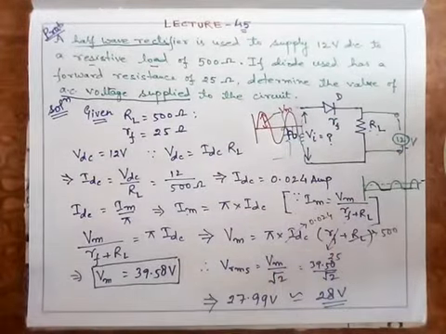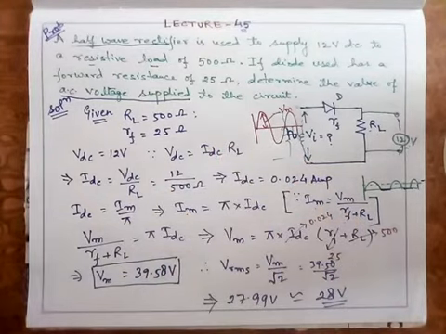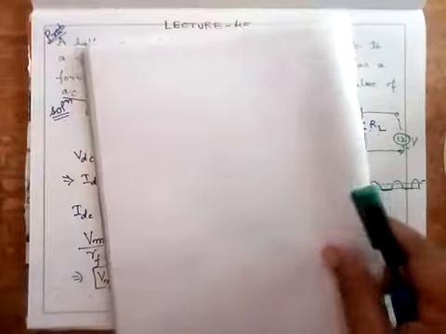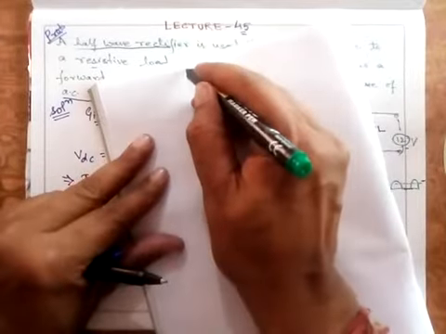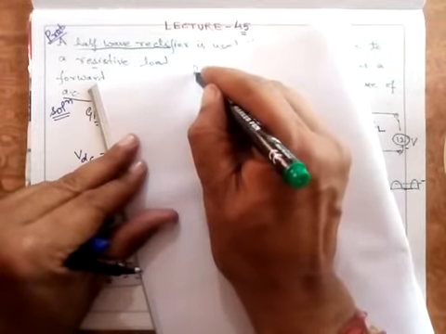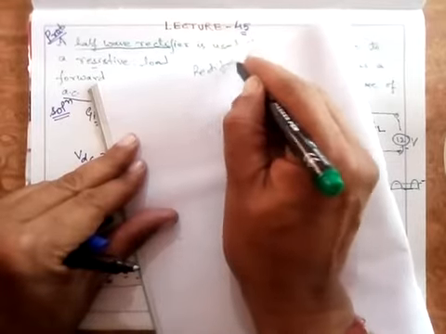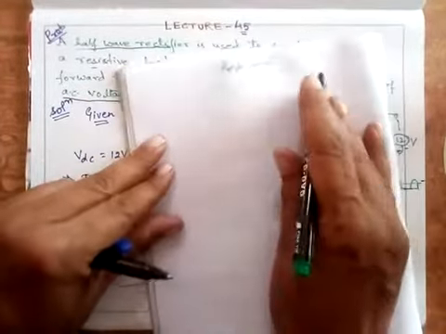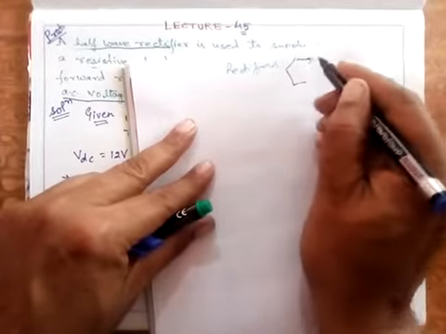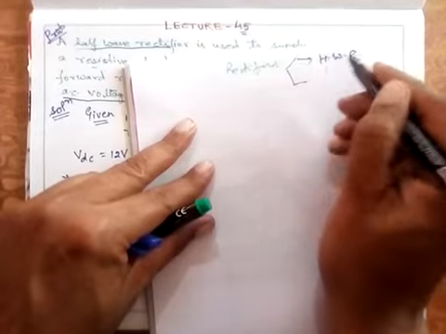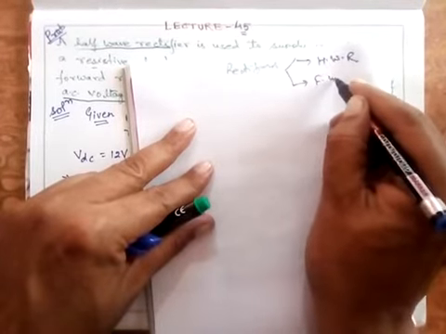For the time being, I stop this half wave rectifier at this point, and I'll start with a full wave rectifier, and rather a center tap full wave rectifier. Let me give a first idea about this. While dealing with rectifiers, I told you the classification that rectifiers are divided into two categories: half wave rectifier and full wave rectifier.